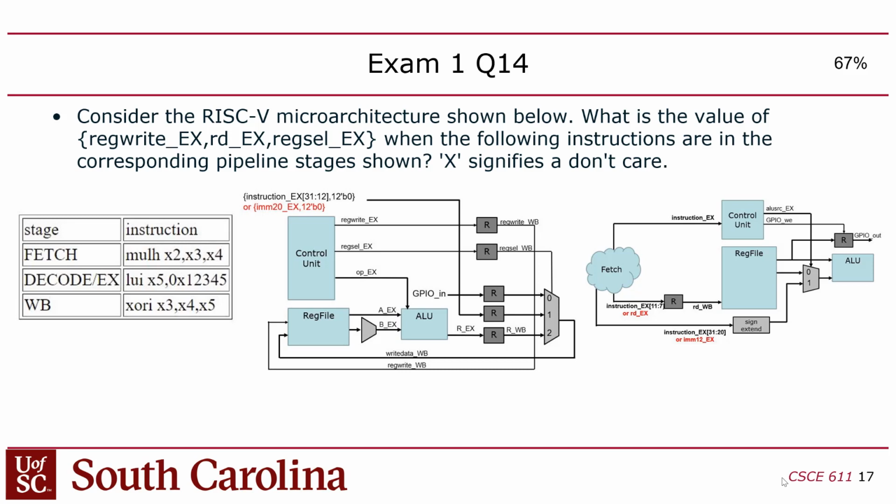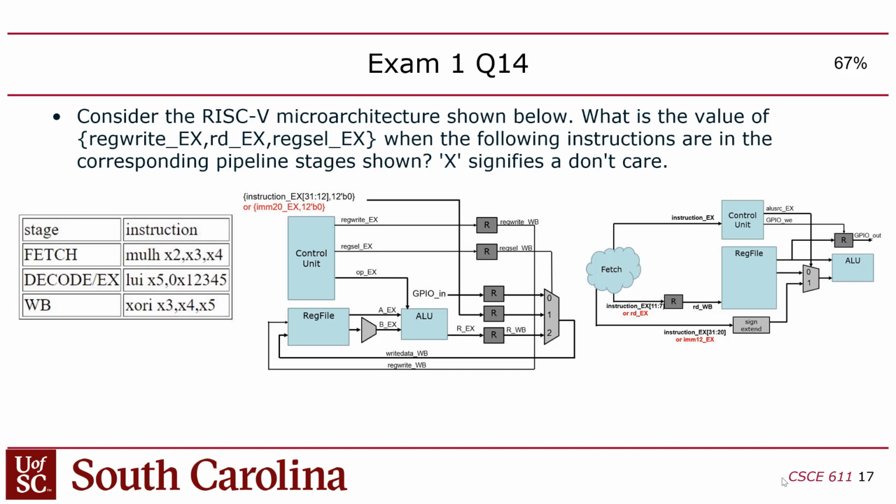Okay, so all 3 of these are execute stage, so we only care about the instruction that's in execute, which is the LUI. And so reg-write-ex would be 1, right? Because LUI writes to a register. So I need to write this down, otherwise I'll mess this up. Okay, so first bit is a 1, right?